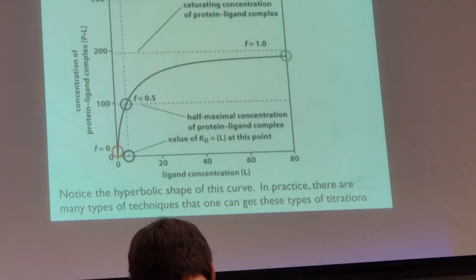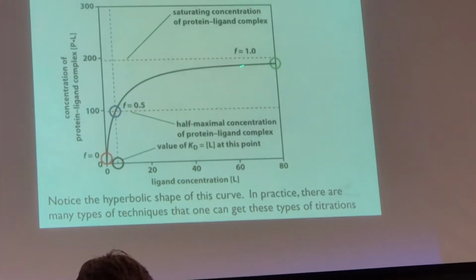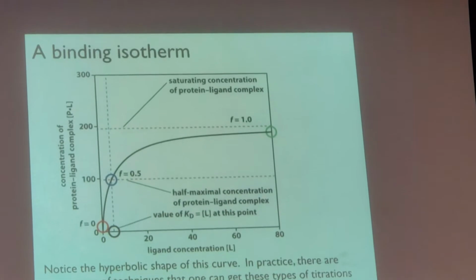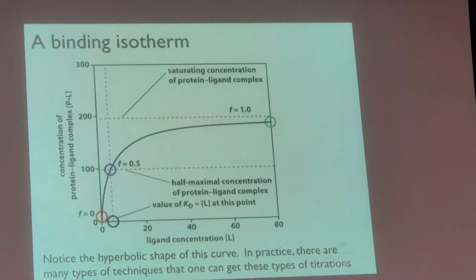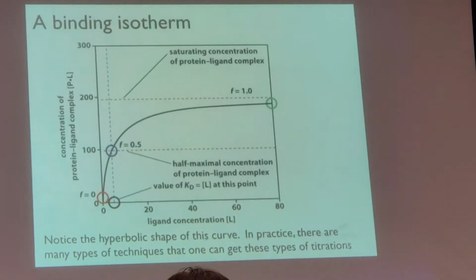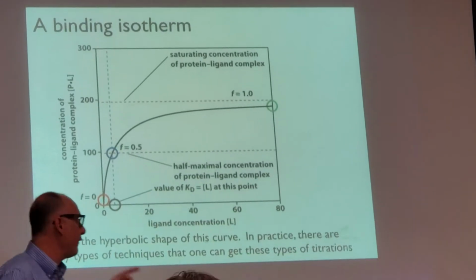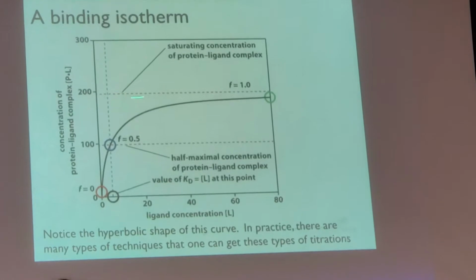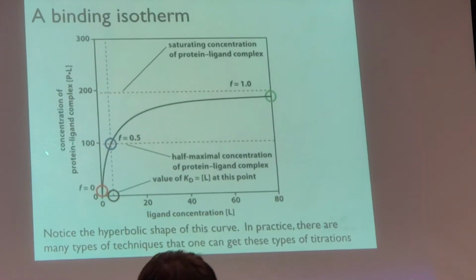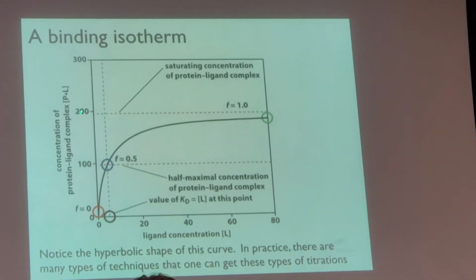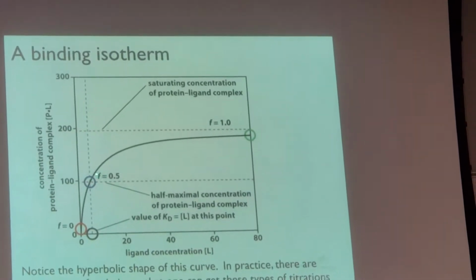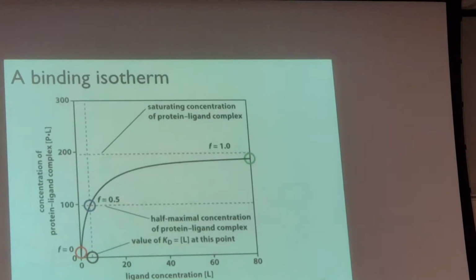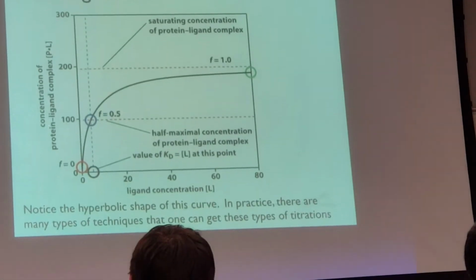What you're looking for is where I would max out if I keep going on and on, and that should be fully bound, as ligand concentration goes to infinity. In this particular case, that's around 200. So I look for where it is half that value. Here's 100. I go down, and this should be the ligand concentration that corresponds to my KD.